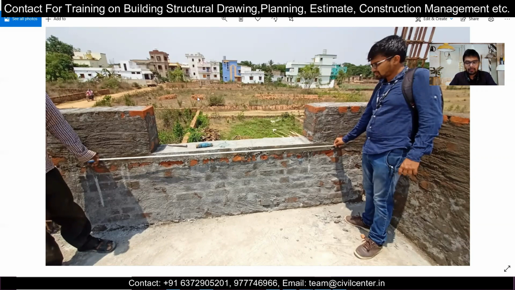If you sum up all the points, the PCC is given to give a smooth surface for the window frame, to prevent the percolation of water, to prevent cracks, and to give a hard surface or a suitable base for the window frame, because a window frame can be of any material.